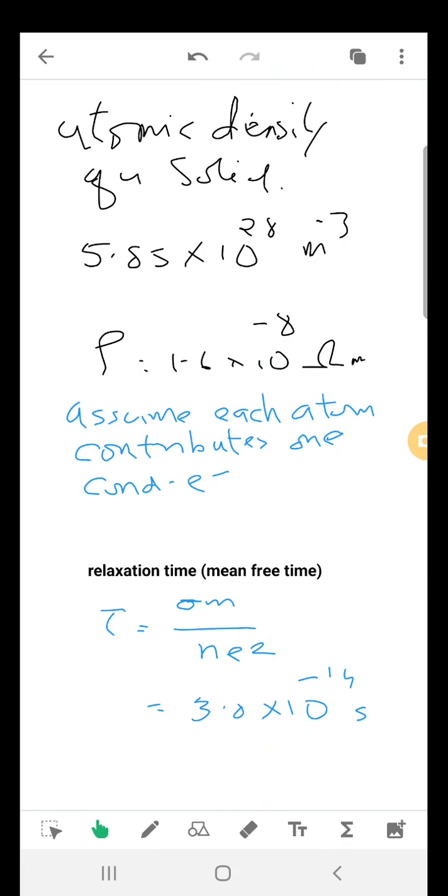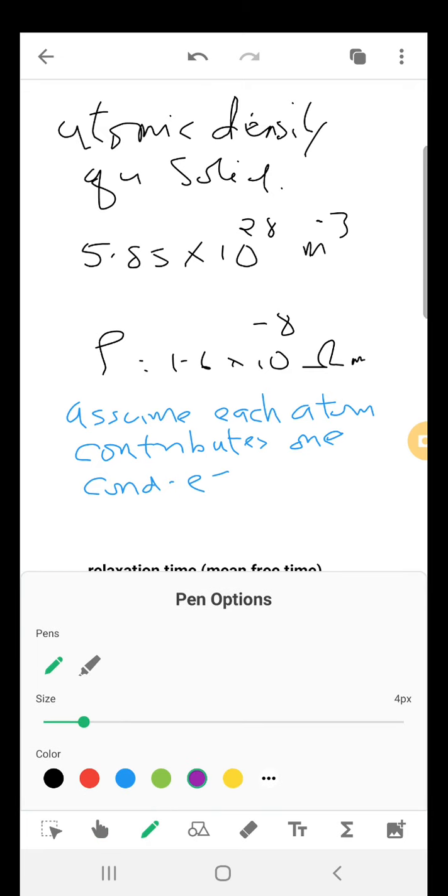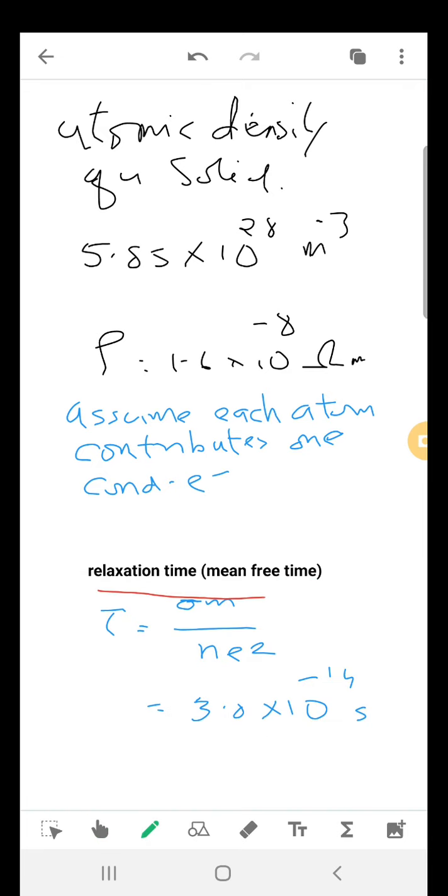Next, if the atomic density of a solid is given in this way, this is the value and this is the resistivity, then assuming that each atom contributes one electron, what will be the relaxation time? So the well-known relationship of relaxation time, tau is equal to sigma m by Ne square, which comes out to be 3.8 into 10 to the power minus 14 seconds.